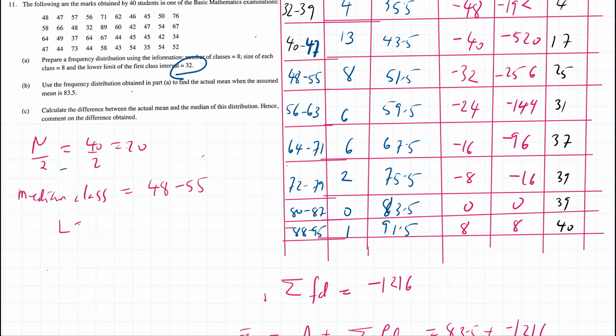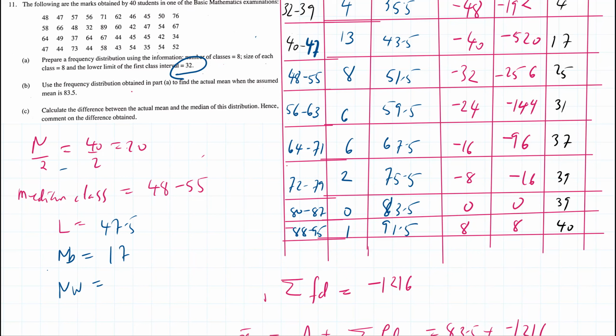So the lower limit L will be 47.5. And B, the cumulative frequency before the median class, will be 17.